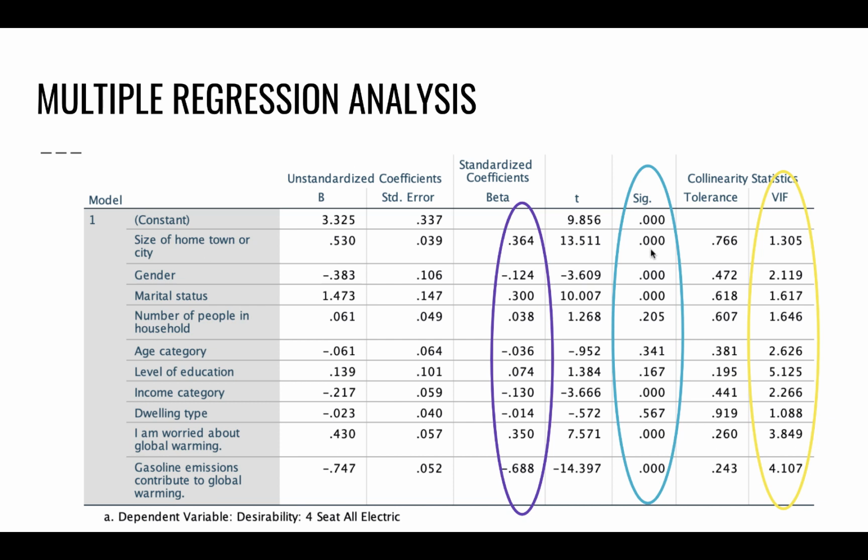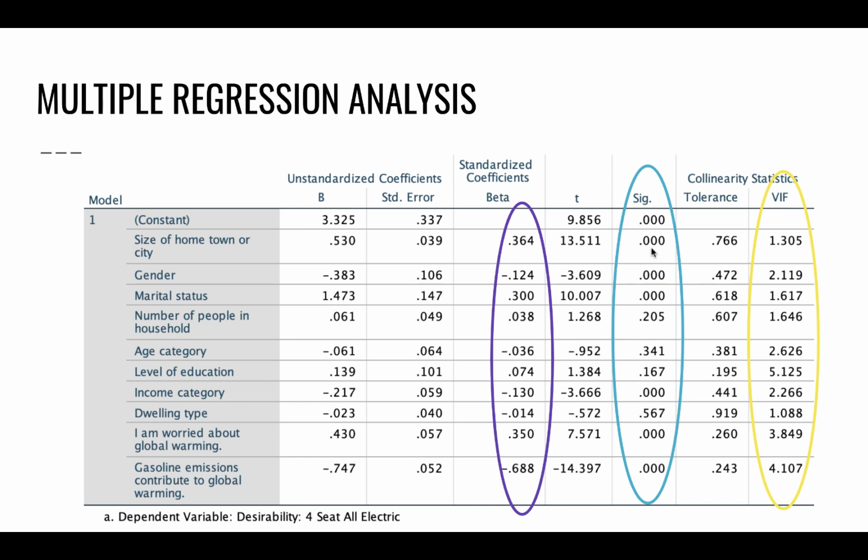So all of the ones that have a p-value below 0.05 are significantly influencing your dependent variable. Number of people in households, the p-value is 0.205, so this one is not significantly influencing our dependent variable. Age also doesn't matter. Level of education doesn't matter, and dwelling type does not matter, so they do not have an influence on our dependent variable.